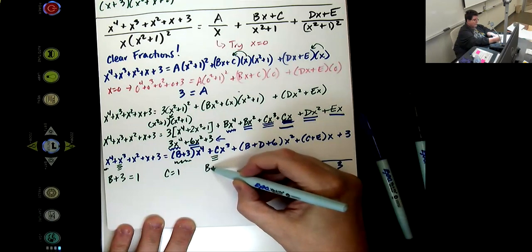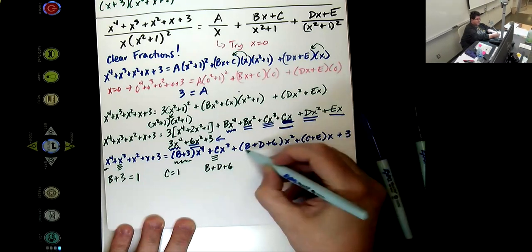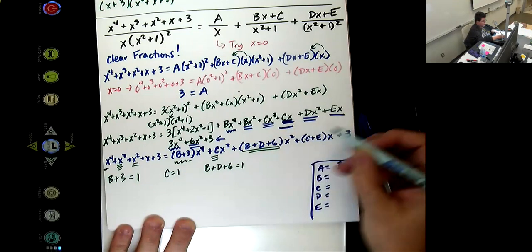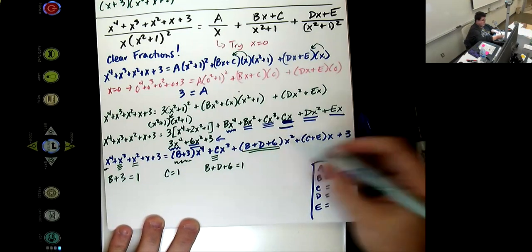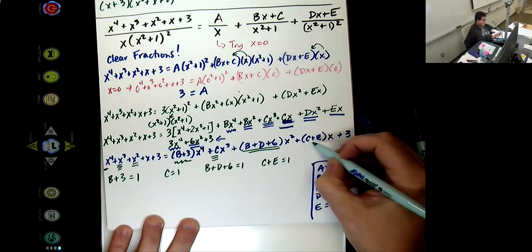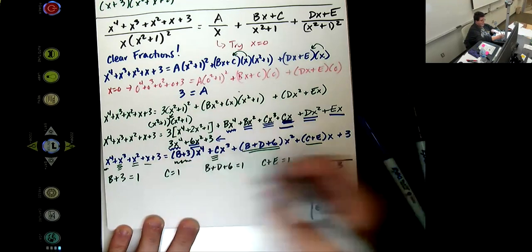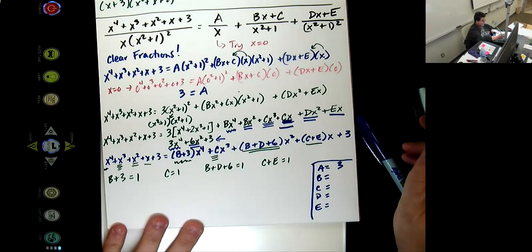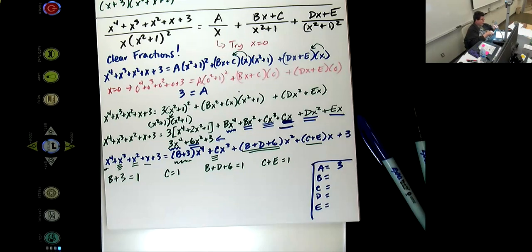B plus D plus 6 has to match up to 1. C plus E has to match up to 1. And the 3s we don't even need, they're already matched up. So I got one of them right away.